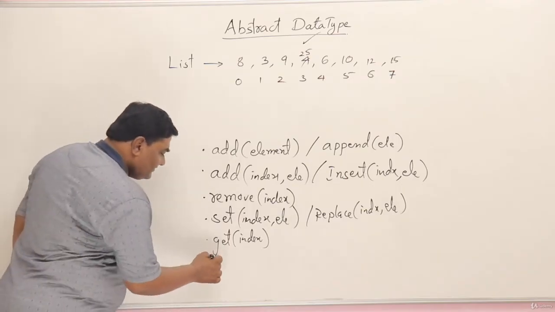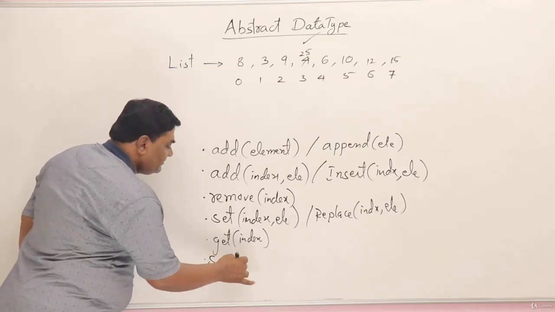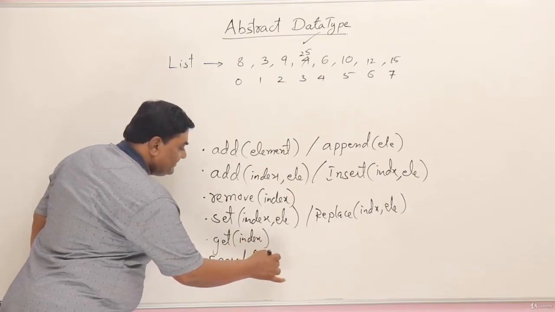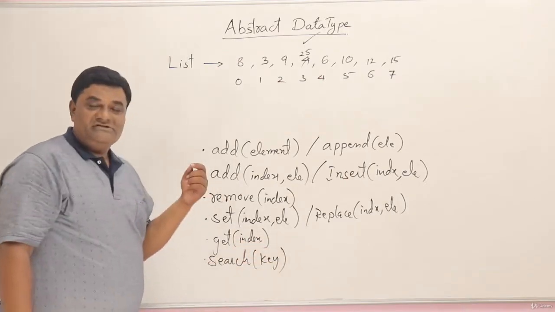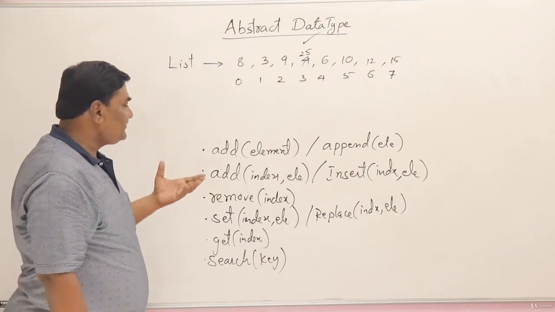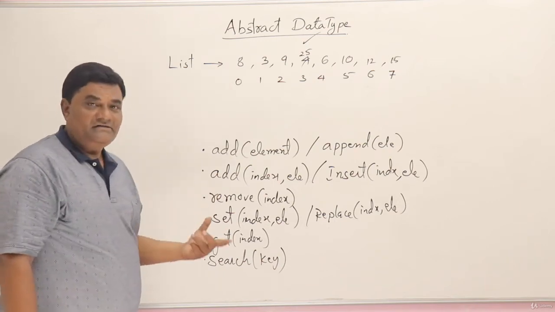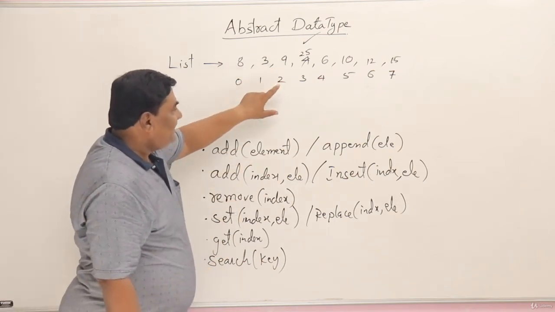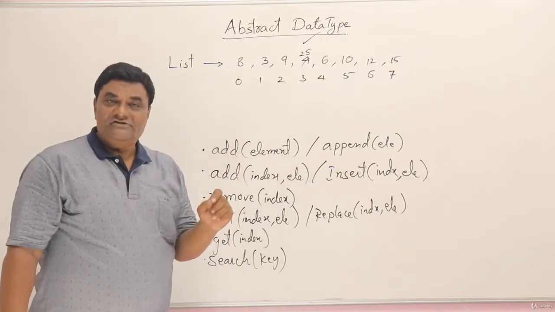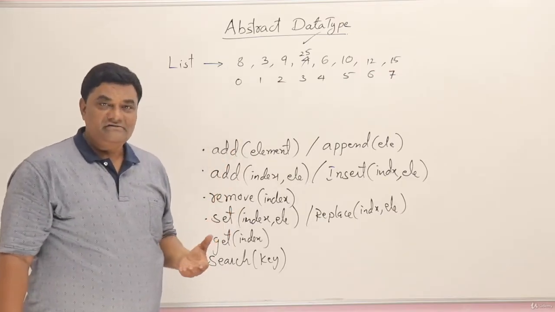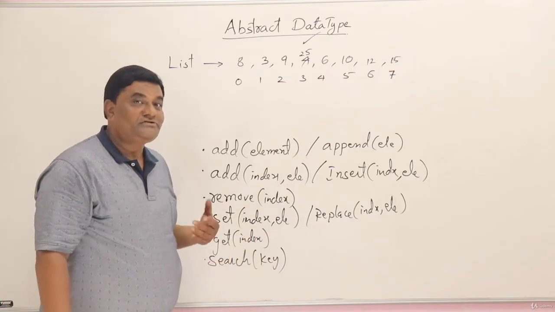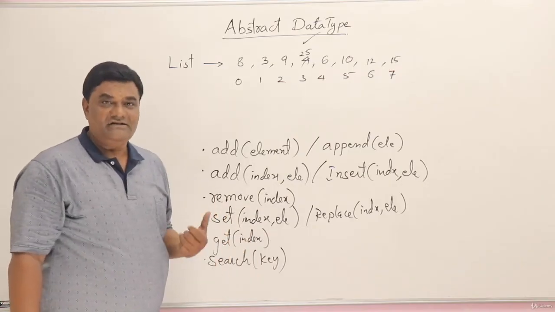Then search for any given key. So searching for an element in a list. Like I want to search for the element 9. Yes, it is found here at index 2. The result of search is that we get the index. We know the element 9 and we want to search for it, so we should know where it is in the list.